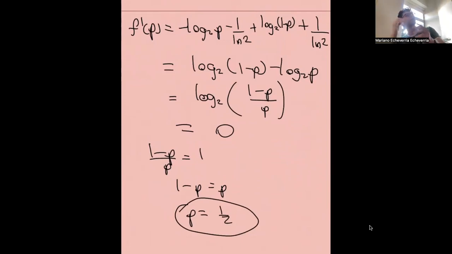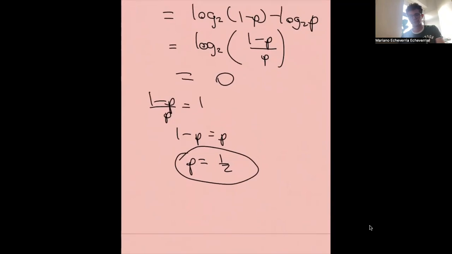That means that of all the Bernoulli random variables, the one that has maximum entropy is the one where the coin is fair. So a fair coin is the one that maximizes the entropy among the Bernoulli random variables.